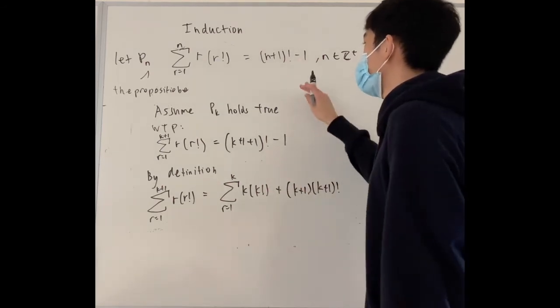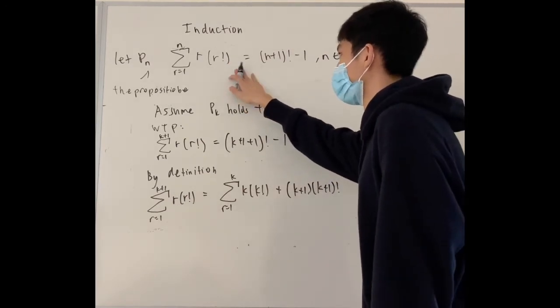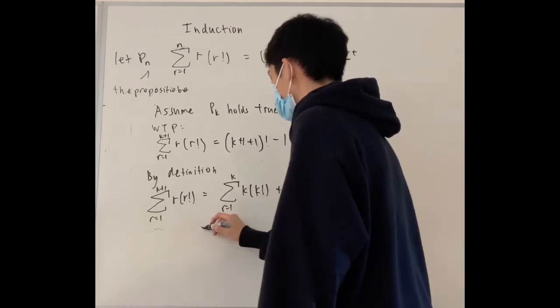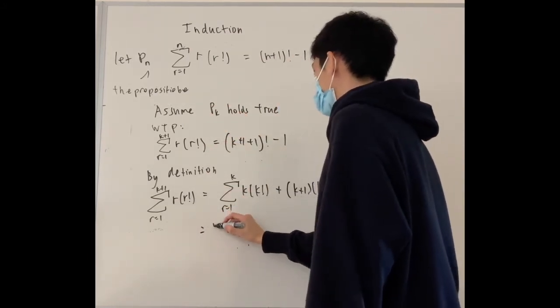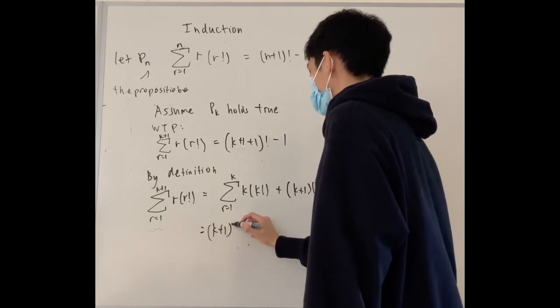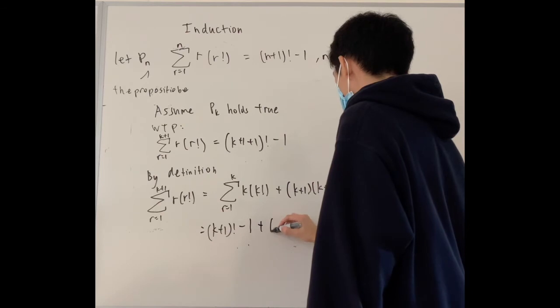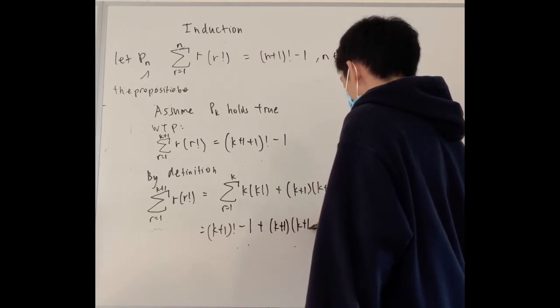By our induction hypothesis, we assume that Pk holds true, so this holds for the case where n equals k. We can use our assumption and write that as k plus 1 factorial minus 1, plus k plus 1 multiplied by k plus 1 factorial.